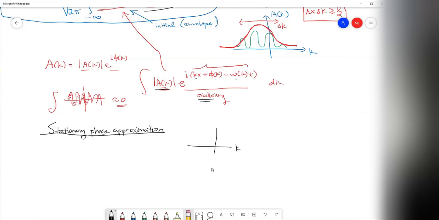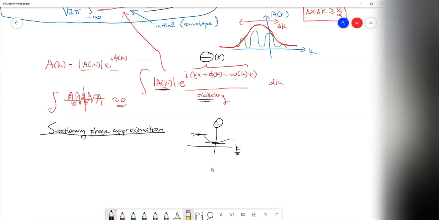Let's call it big theta, theta of k. So this varies somehow in k, and so you want to find the places where it doesn't vary very much, where it's kind of flat, where it doesn't depend on k very much.